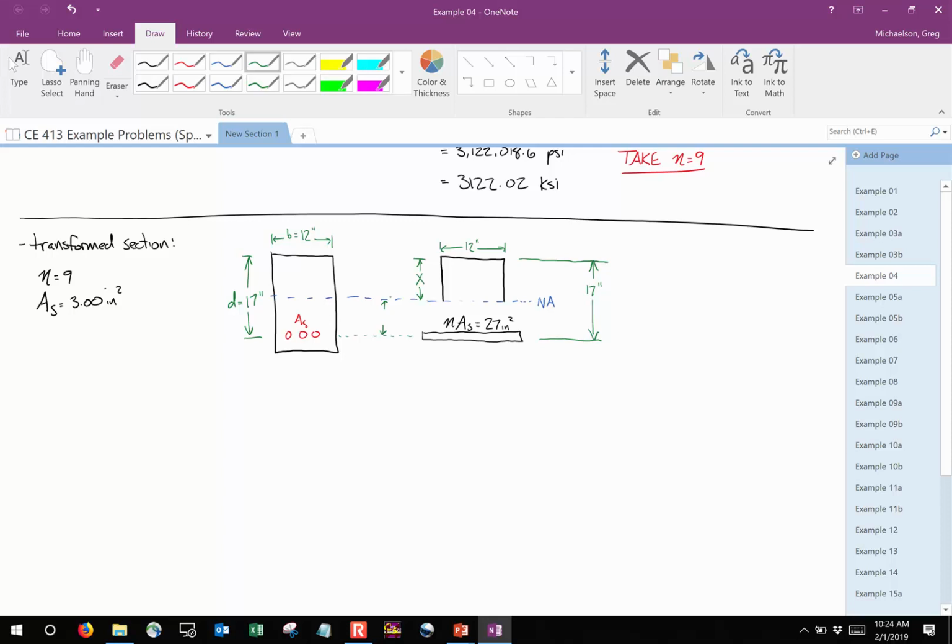We don't know what x is, right? But we know this is 17, and that's x. So how far is this? 17 minus x. Would you agree with that?